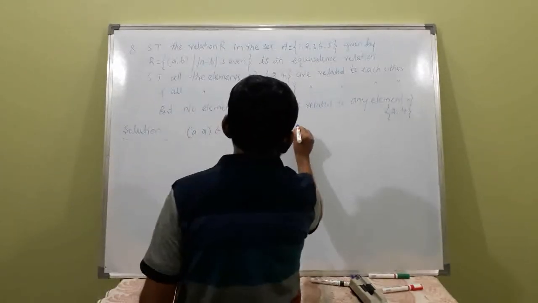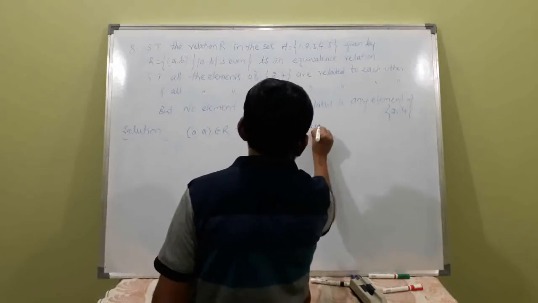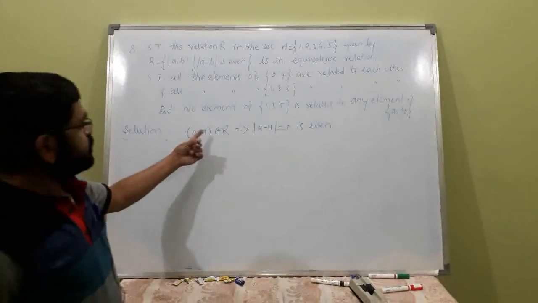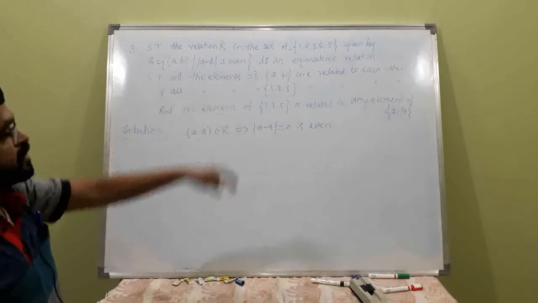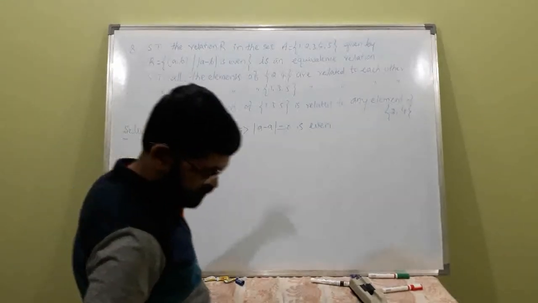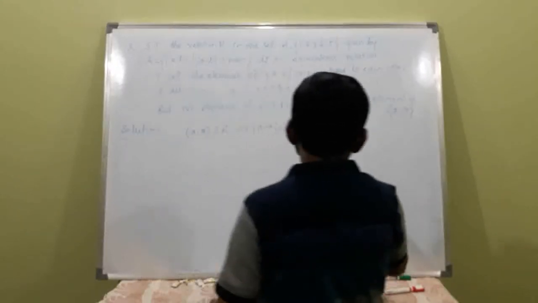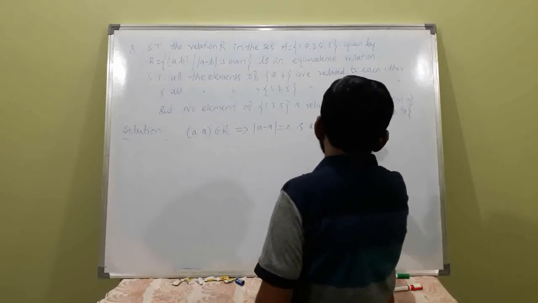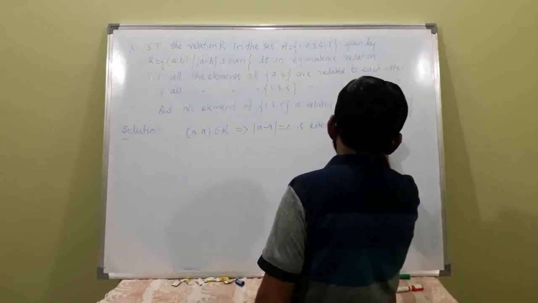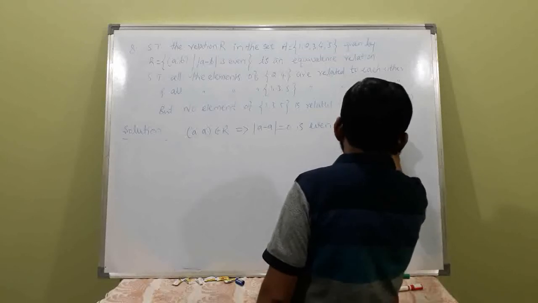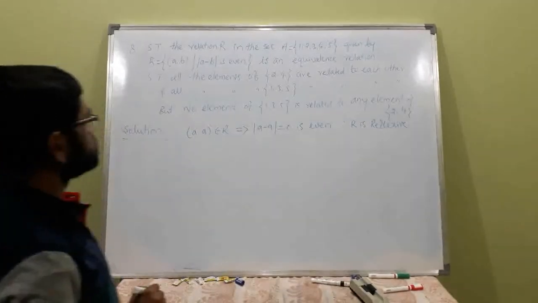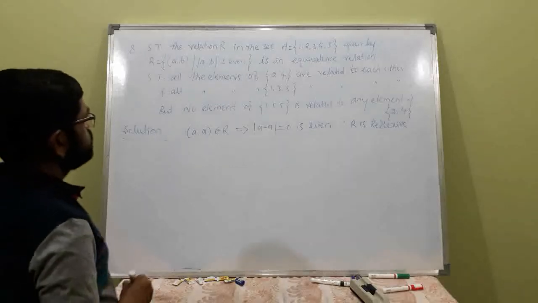This is even. So for any value among 1, 2, 3, 4, 5, the difference from the same number is 0, that is even. Therefore R is reflexive.